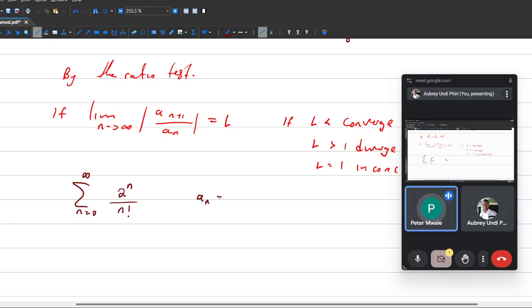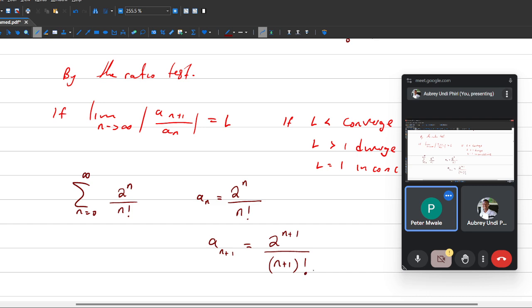Our a_n is the same, which has been given, which is 2 to the n over n factorial. And what is our a_n plus 1? Our a_n plus 1 will be 2 to the n plus 1 over (n plus 1) factorial.